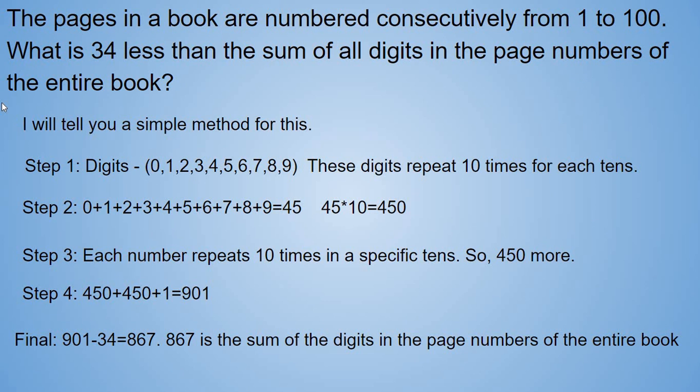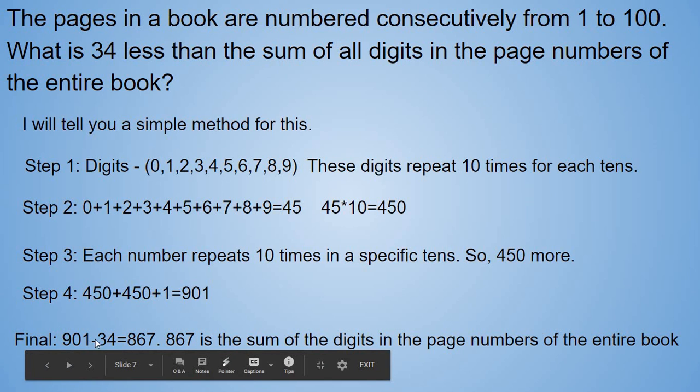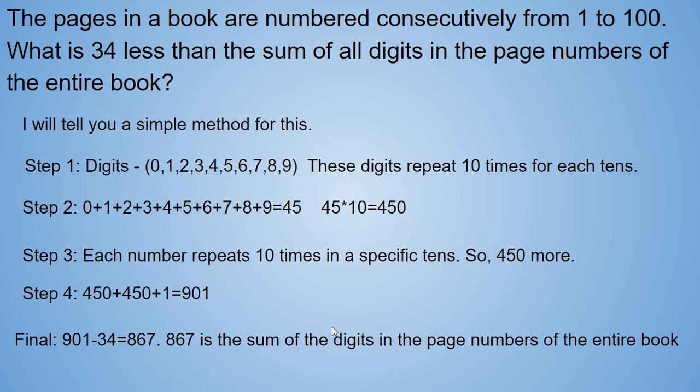We need to subtract 34. If we do the math, 901 minus 34 is 867. 867 is the answer to the question, 34 less than the sum of all digits in the page numbers of the entire book.